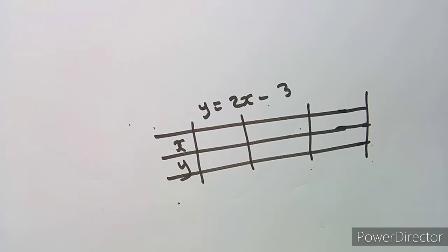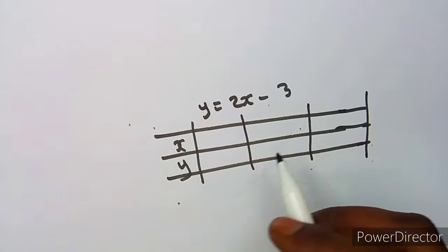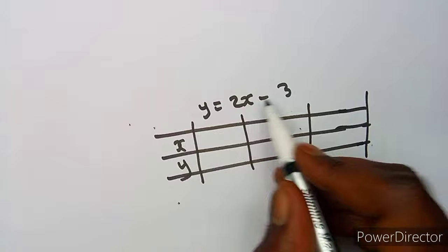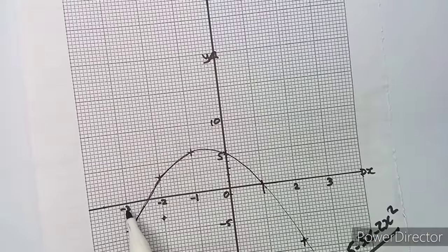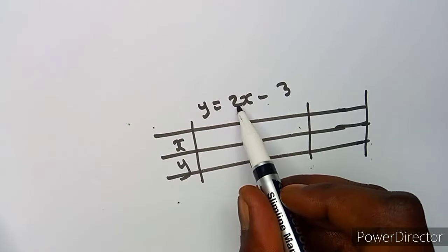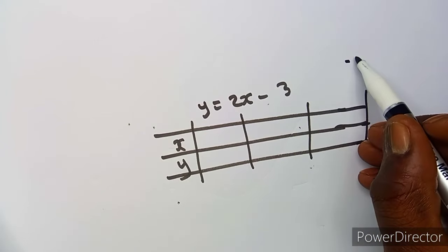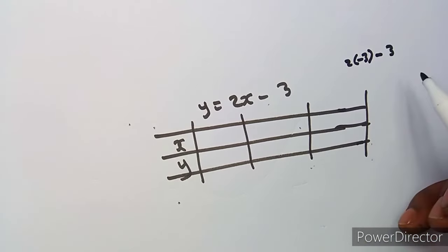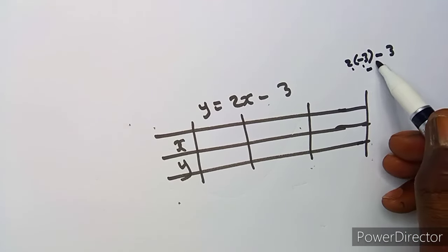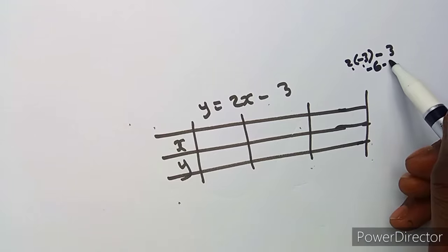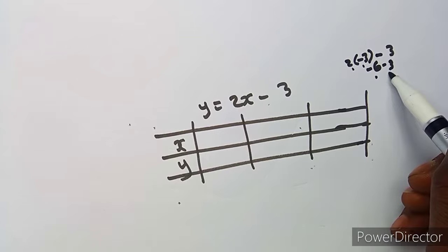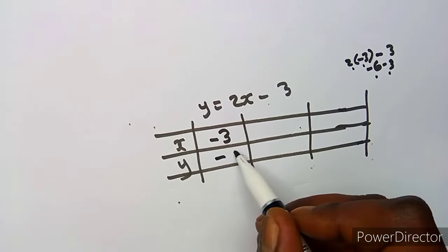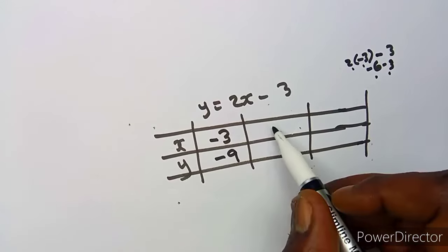If we choose x is minus 3, y is 2 times minus 3, which is minus 6, minus 3, which gives us minus 9. So when x is minus 3, y is minus 9. I'm going to choose 0 here.